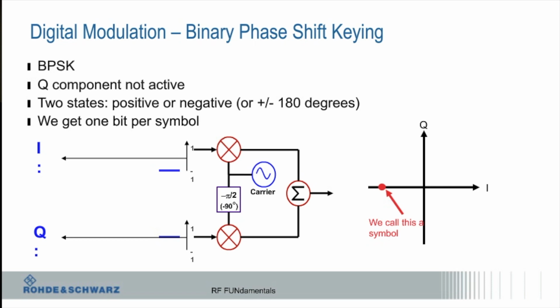I'm not really using the quadrature right now. Because I'm doing BPSK instead of QPSK, this side is doing nothing. The quadrature's not even part of the equation. So when I send information in that constellation diagram, it's going to go back and forth depending on whether it's a 1 or a 0.